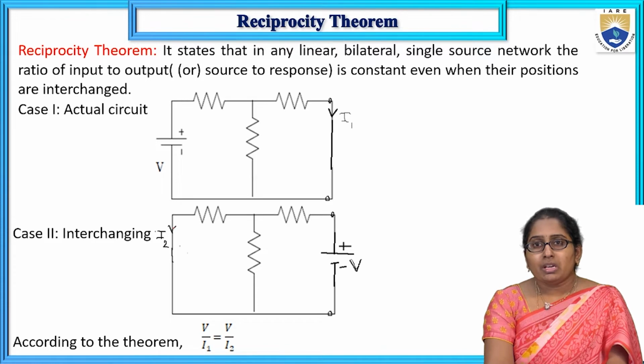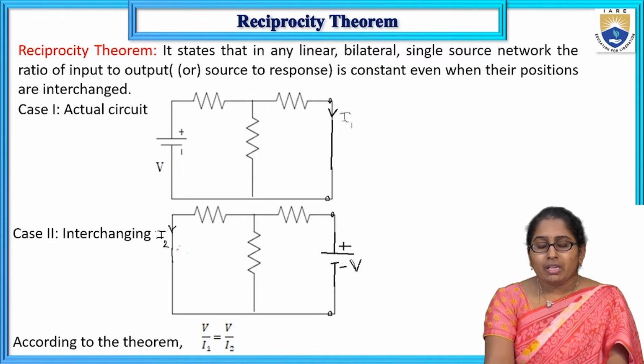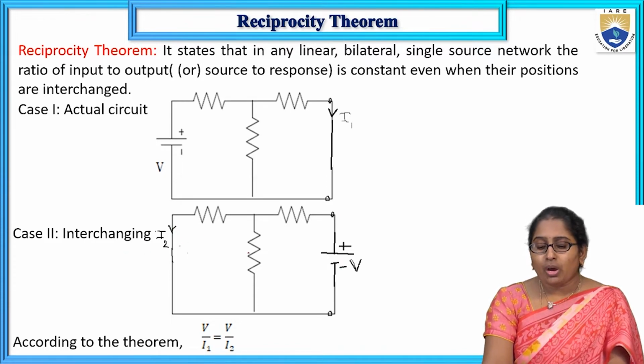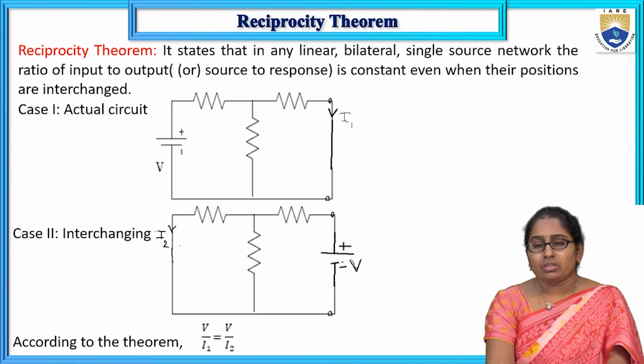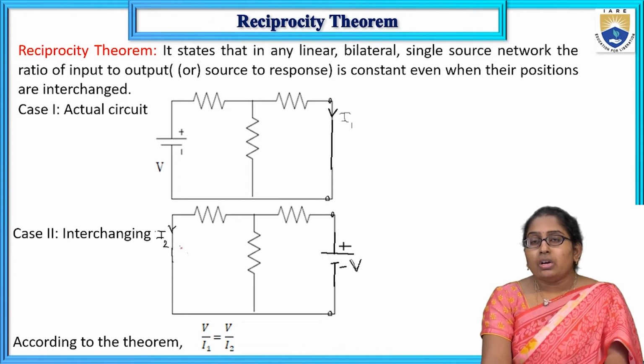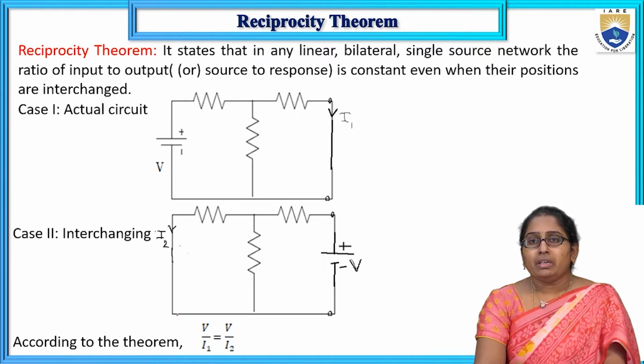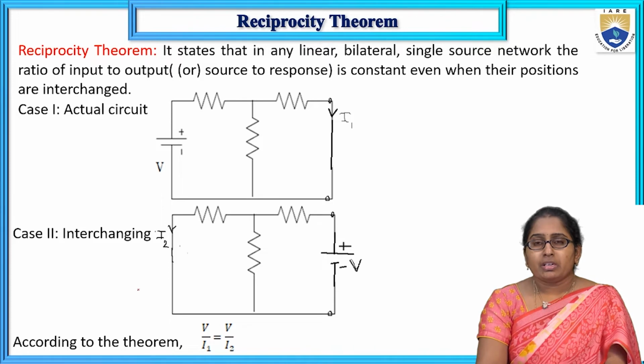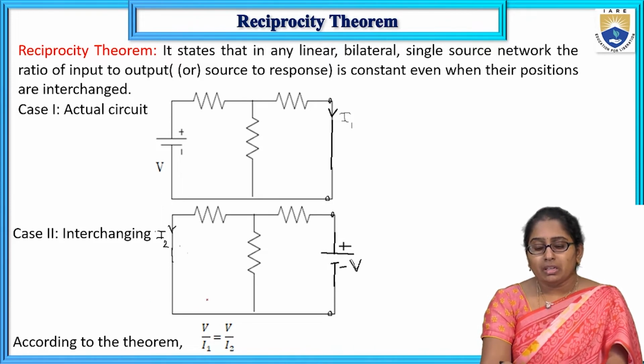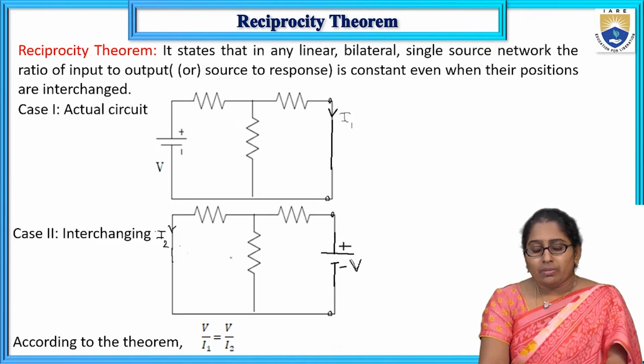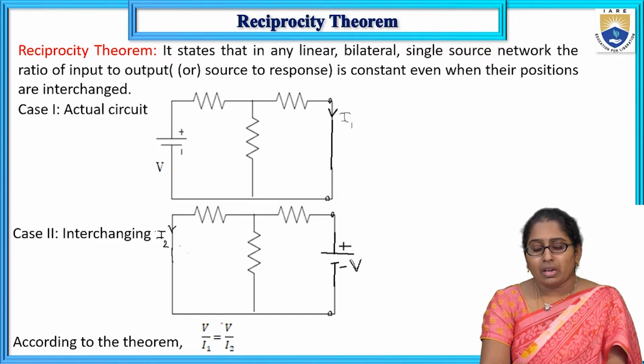In this case, the ratio of input to output is V by I2. According to the reciprocity theorem statement, V by I1 is equal to V by I2.